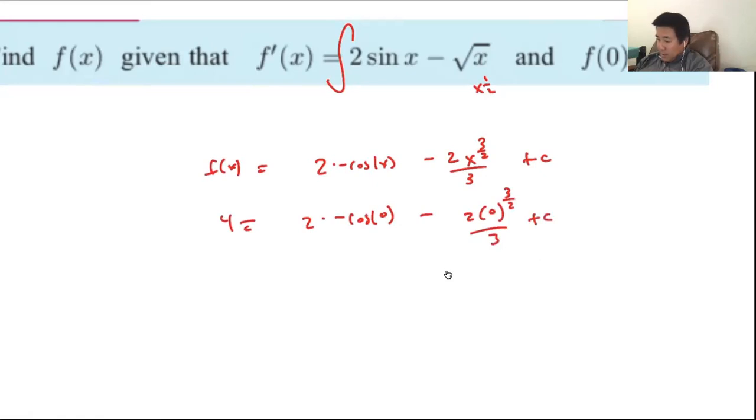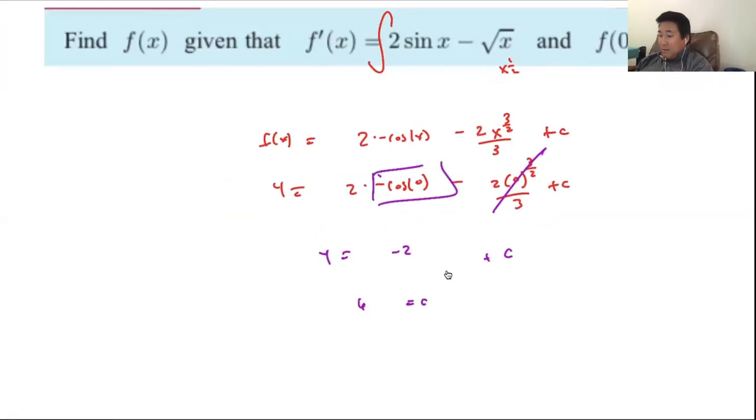This goes to 0. Cosine of 0 is 1. So negative 2 plus c equals 4, c equals 6. So be careful, this is the one time usually when you plug in 0, things don't go to 0. So negative 2 cosine of x minus 2x to the 3/2 over 3 plus 6 equals f of x.